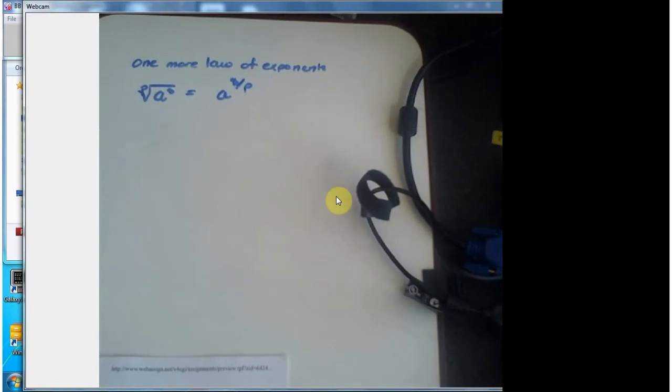The pth root of a to the q is a to the q over p. I have a way I remember that. Sometimes I remember things with numbers.